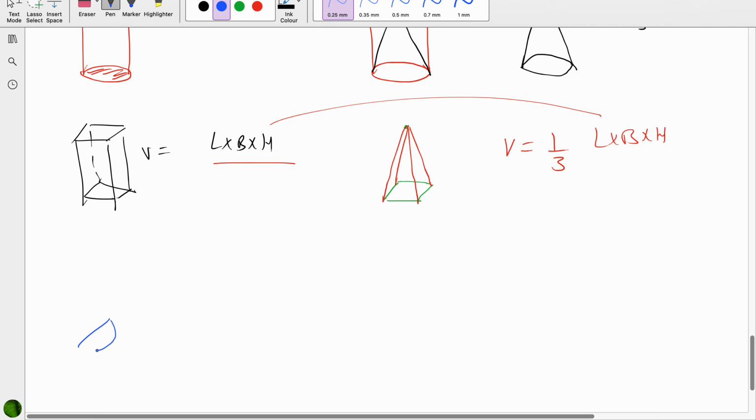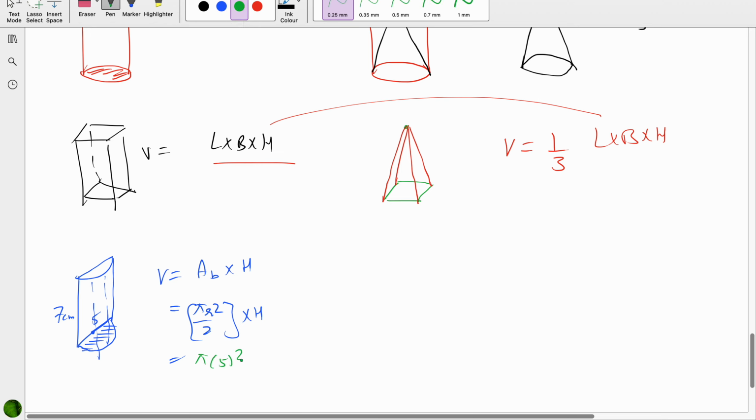If I draw this semicircle, let's say the radius is 5 centimeters, and try to make a 3D shape with a height of 7 centimeters, the volume would be area of base times height. Do we agree the area of base is pi r square by 2? So its volume would be pi r square by 2 times 7.